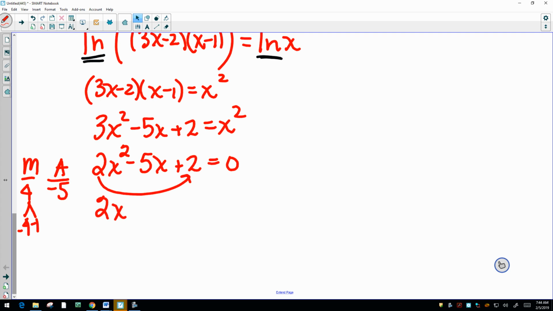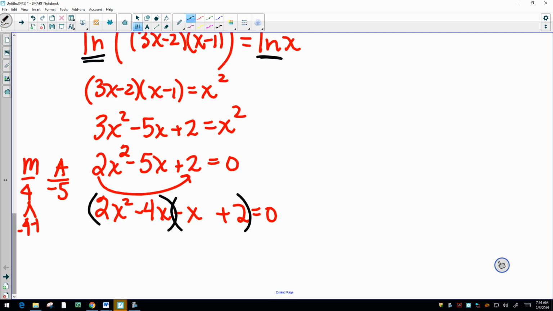So hard trinomial factoring. Copy your first term, copy your last term, fill in the blanks with the two values that we just found. And then you're going to factor by grouping. So out of these first two terms, I can pull out a 2x, and I'm going to be left with x minus 2.